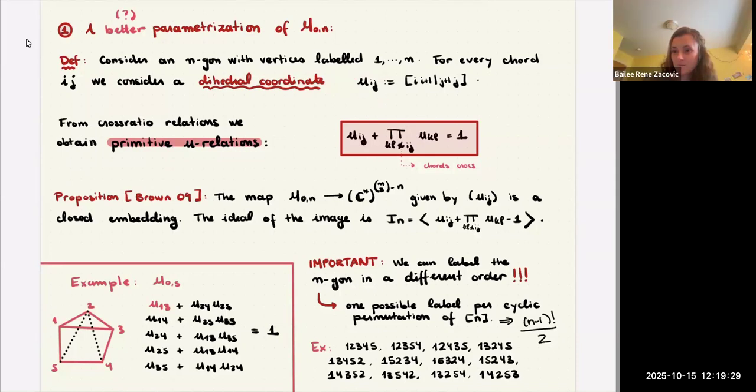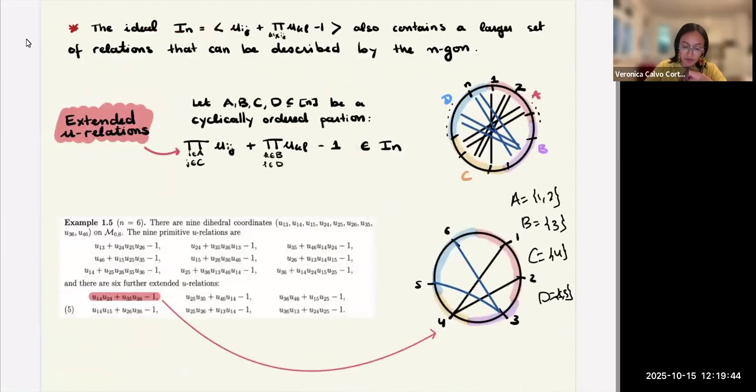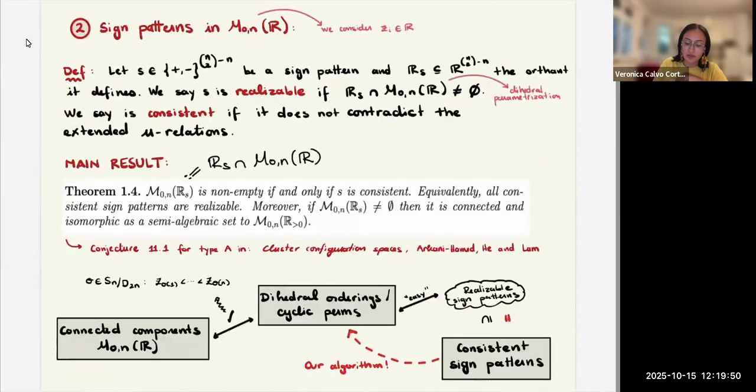And you also get some parametrization, you get some relations. There's also some moduli space, or what they call cluster configuration space, which is a quotient of the cluster variety. And then you can also define extended U relations. And once you have extended U relations, then you can again define this realizable versus consistent.